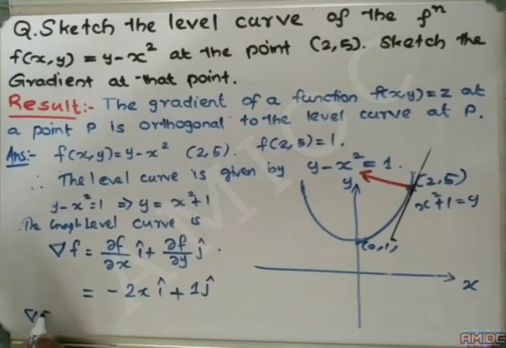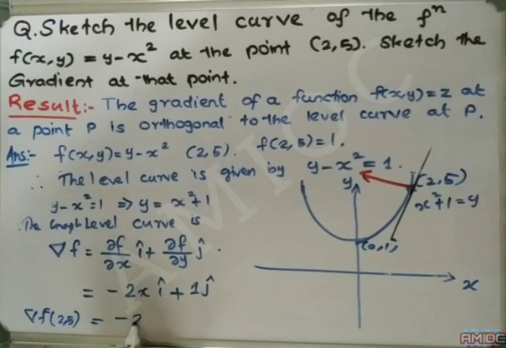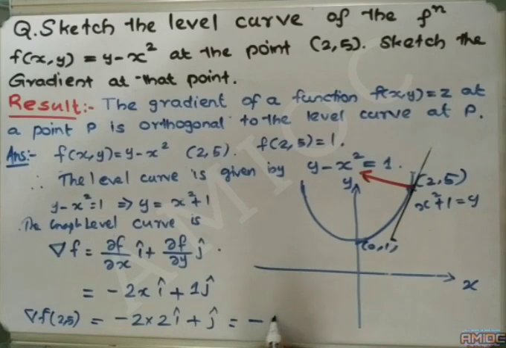Therefore del f at 2,5 is equal to minus 2 times the x value, which is 2, so minus 2 into 2 i, plus 1 into j, that means j, which is equal to minus 4i plus j. Therefore the gradient vector at 2,5 is given by minus 4i plus j.